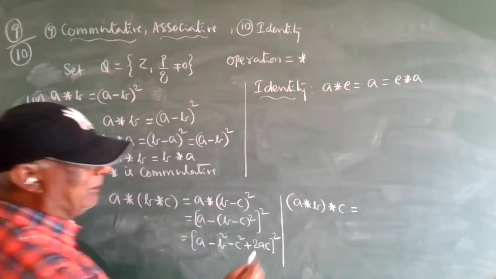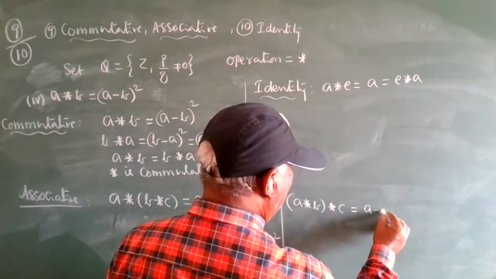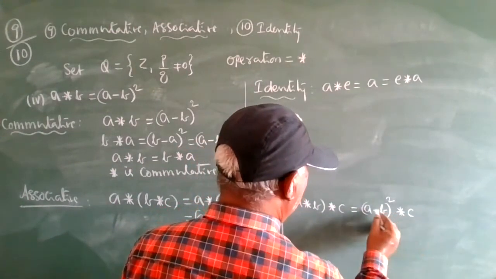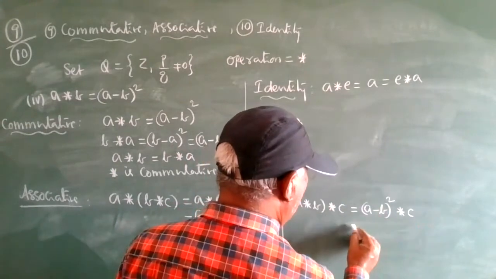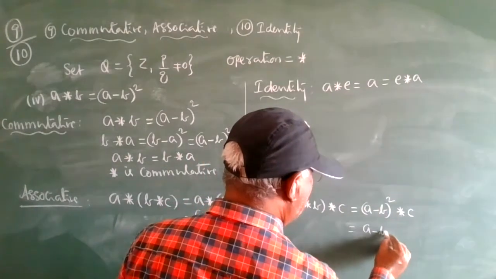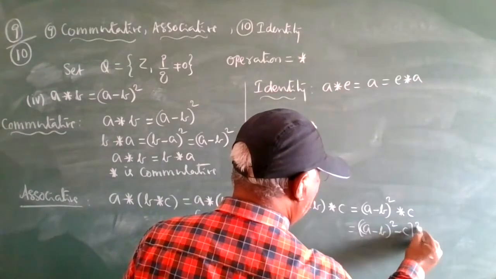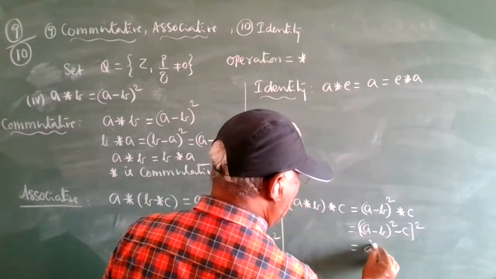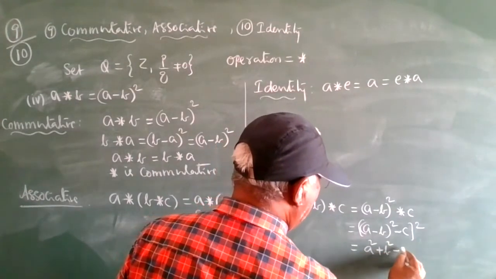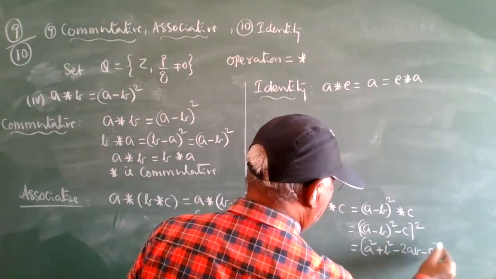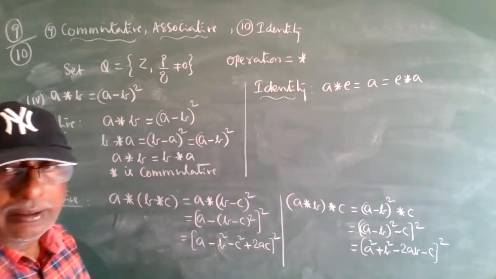Right, here you check among A minus B whole square star C. This element minus this element whole square: A minus B whole square minus C whole square. This is A square plus B square minus 2AB minus C whole square. So both are not equal.